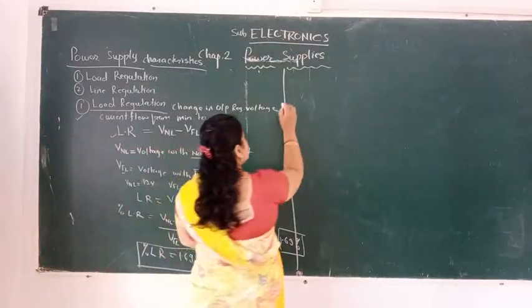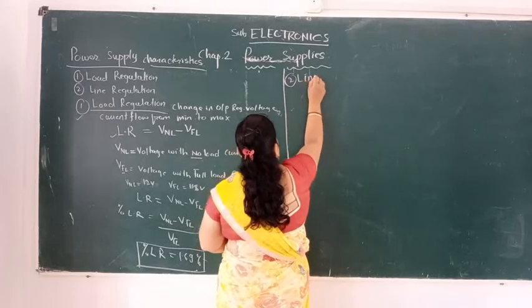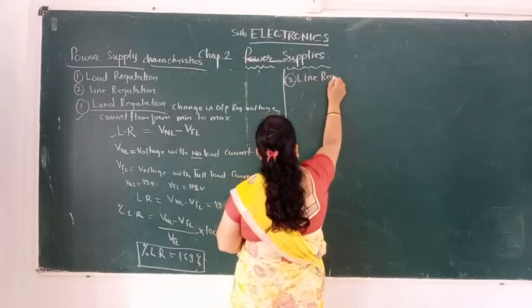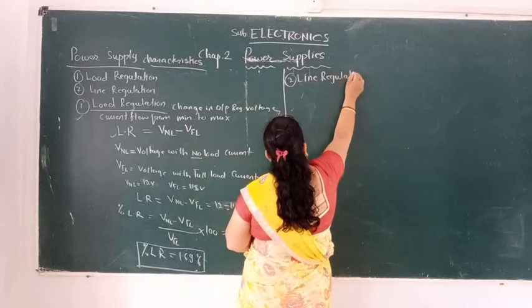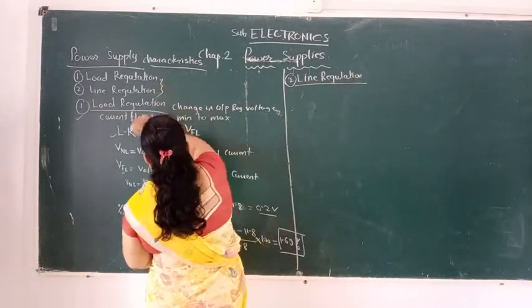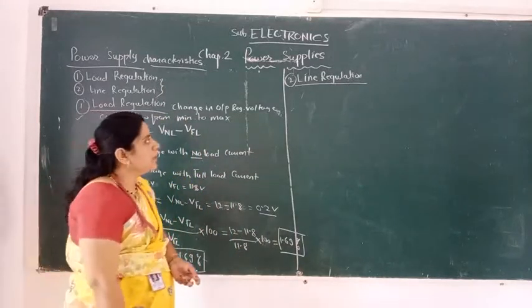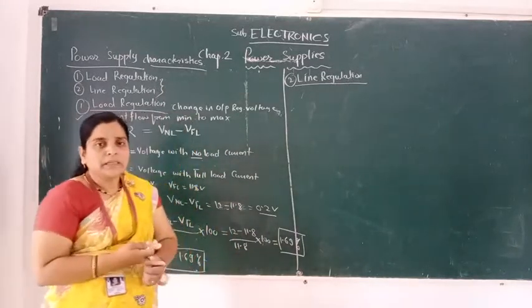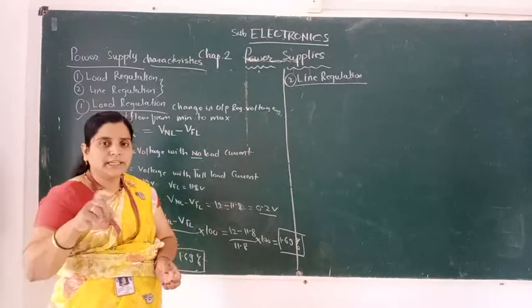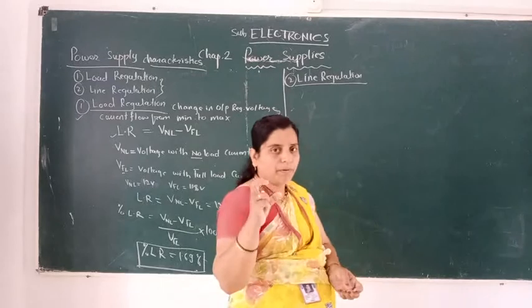Now what is line regulation? These two are very important regulations, load regulation and line regulation. What happens in line regulation? Line regulation is the change in voltage from its proper value.